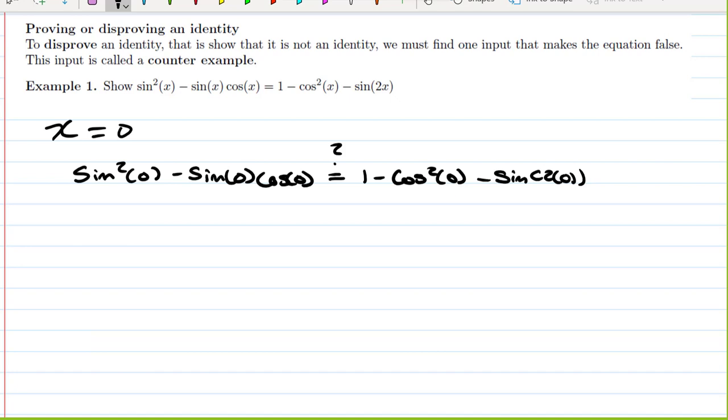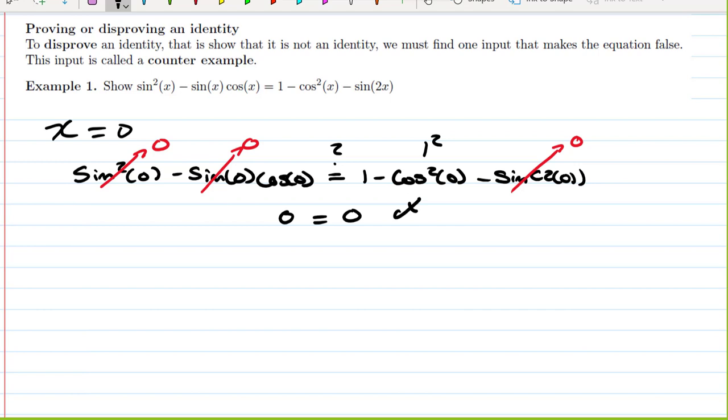And we start simplifying, and we know that the sine of 0 is 0, so that's going to be 0. So then on the left side, we have 0 minus 0, which is 0. And the cosine of 0 is 1, and 1 squared is going to be 1, so 1 minus 1 is 0. So for x equals 0, that's true.